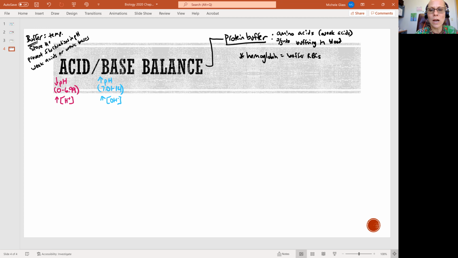When we talk next about bicarbonate ion, we'll see that this is a super important buffer in body fluids. So whereas maybe the protein buffer, let's go ahead and just mark it more important inside cells.